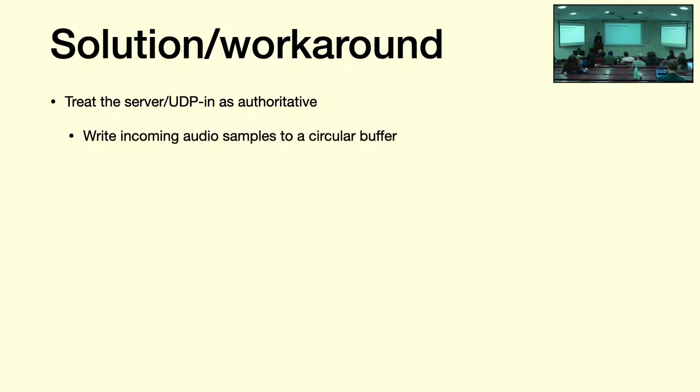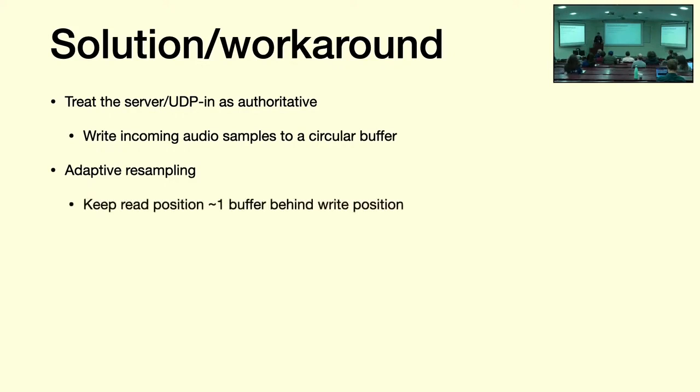And then receiving the audio samples, writing them to a circular buffer, and by a process of adaptive resampling, compensating for the drift in the read and write positions of that circular buffer. So, as best as possible, keeping the read position about one buffer behind the write position.